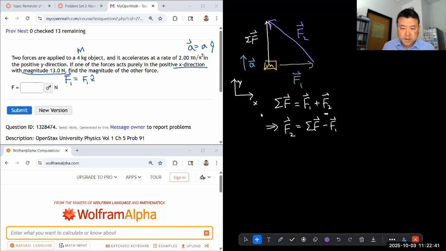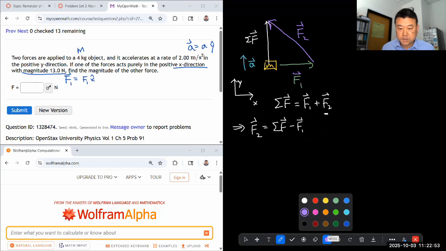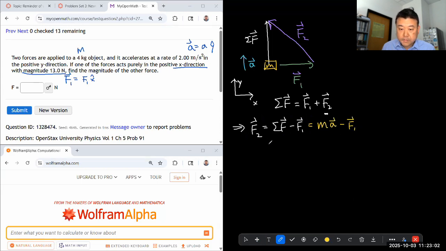Let's start writing down the algebraic expressions that we've been given. So we were given the net force in terms of acceleration. So let me do one more step and write this down as ma minus F1. So m, and acceleration, I'll write it this way, a times y hat: ma y hat minus F1, which is F1 x hat, so minus F1 x hat.